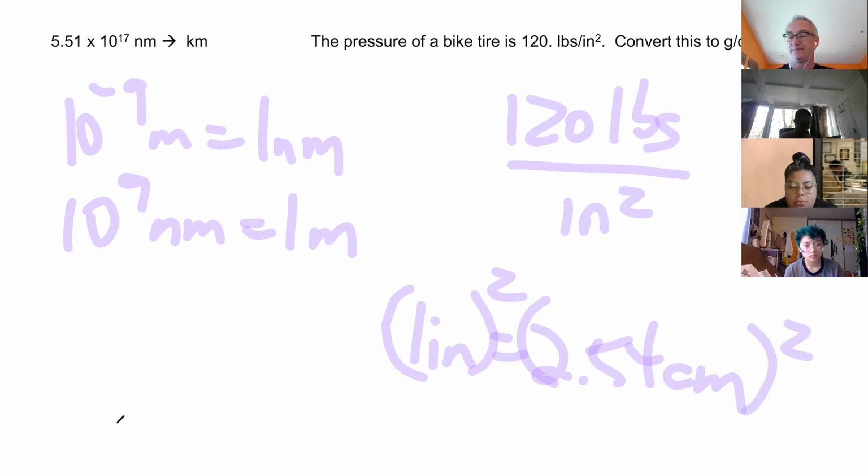So I need to square centimeters and square 2.54, both, in order to do that one correctly. All right? And be careful that there are 3 significant figures in 120. It's 120 with the decimal. Always look for the decimal.